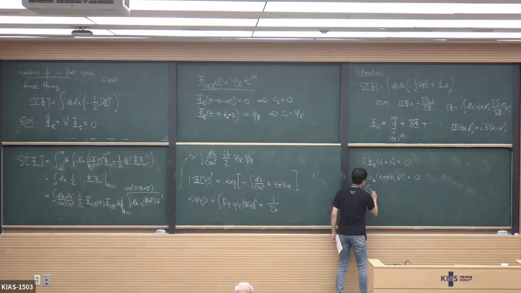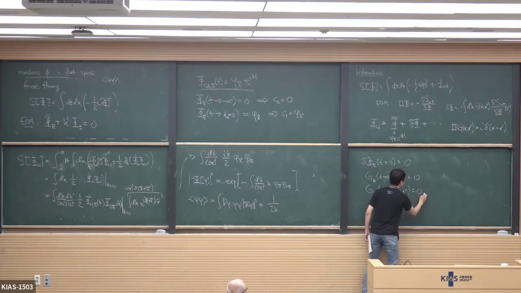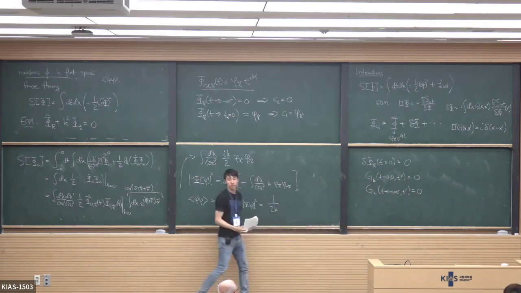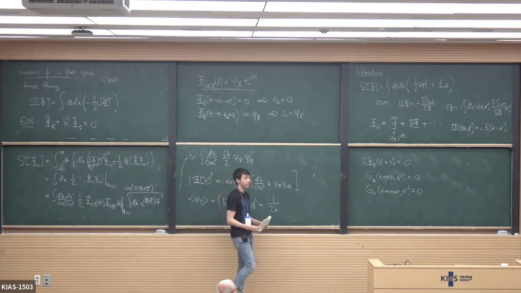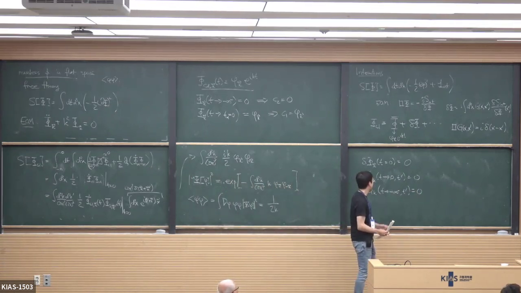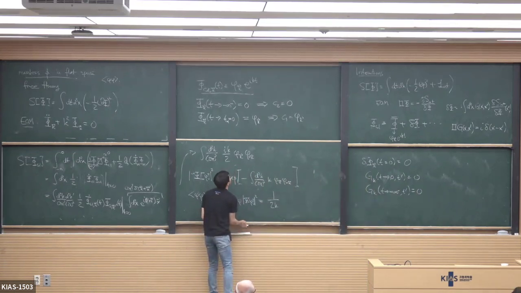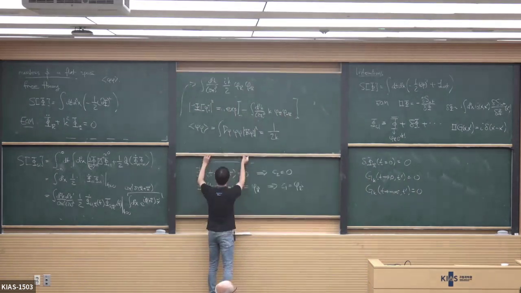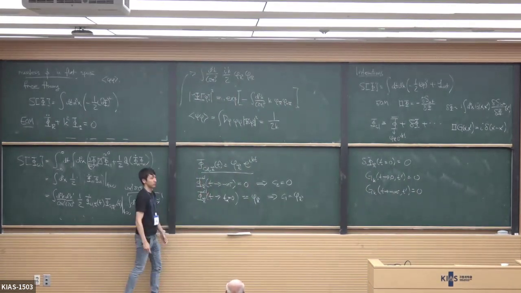And similarly, the boundary condition when we take this to minus infinity, it should also become 0. Yeah, so this boundary condition is really for phi classical.